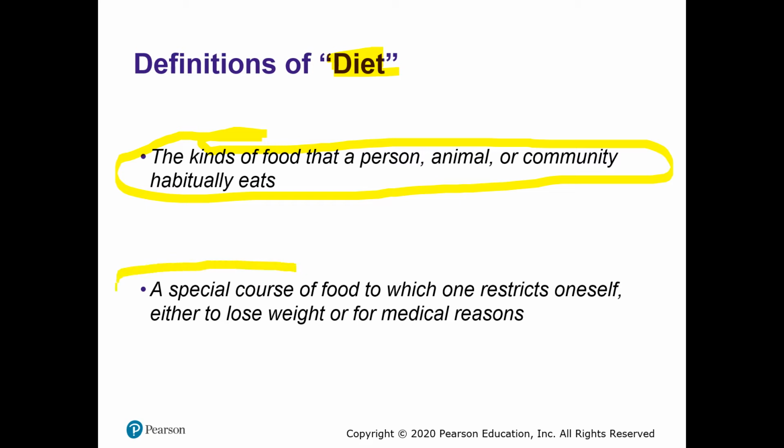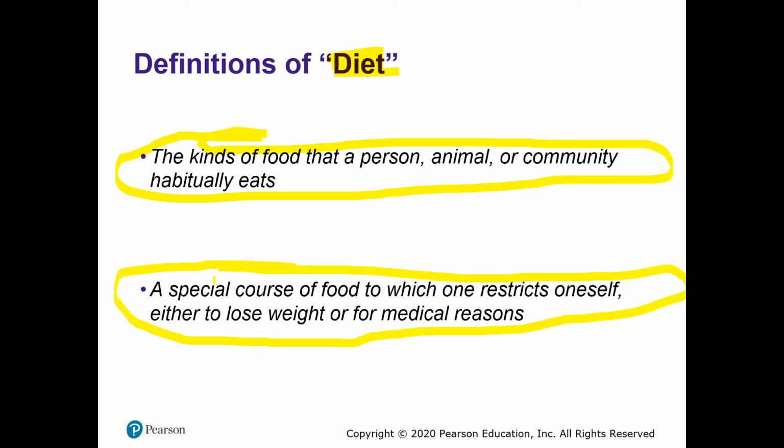There is, of course, this other definition of diet, which is much more common. When we say diet in this way, we mean a special course of food, a particular way of eating in which one restricts oneself either in calories or in a certain food group for the purpose of weight loss or for other medical reasons.